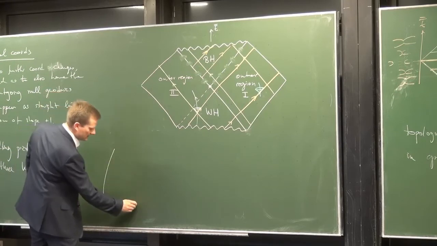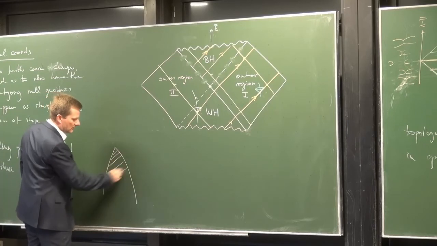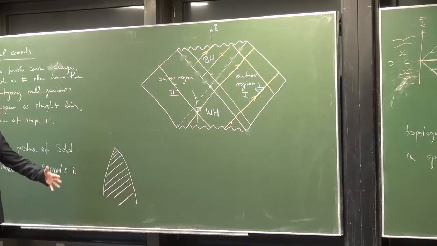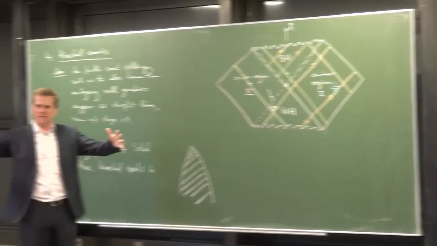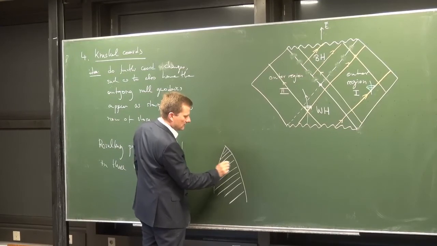So I think again in the original Schwarzschild coordinates, you have some matter falling in, lots of matter. And under their own gravitation, they fall together until they're inside. All the matter is in.